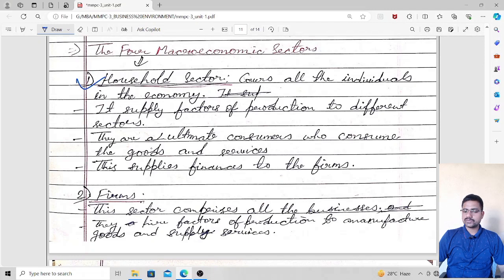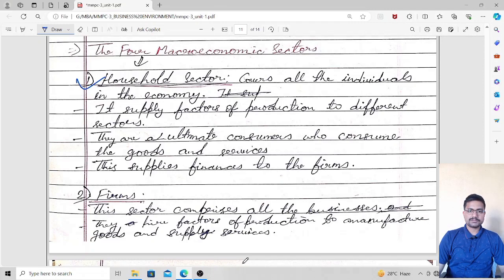They are the ultimate consumers who consume the goods and services. Households supply finances to firms, and they also supply the factors of production to different sectors.